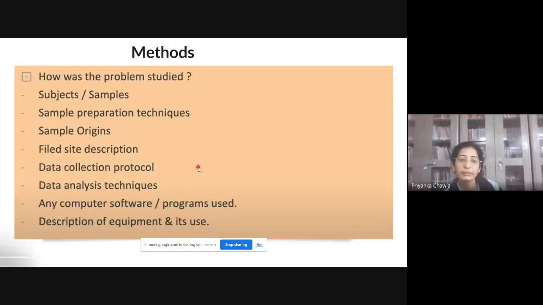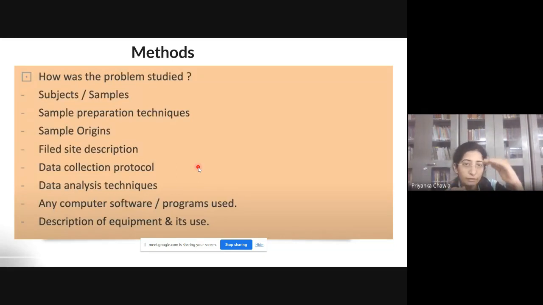If I talk about method, here you have to define how the problem was studied. Here we talk about sample, subject, sampling techniques, origin, or we talk about data collection method, data collection protocol, what techniques we have adopted, primary or secondary, what computer software we have used, SPSS, AMOS, eViews, description of equipment or any other resources that we had used earlier.